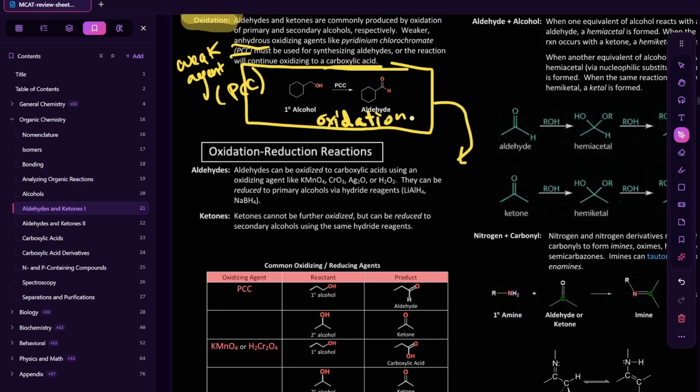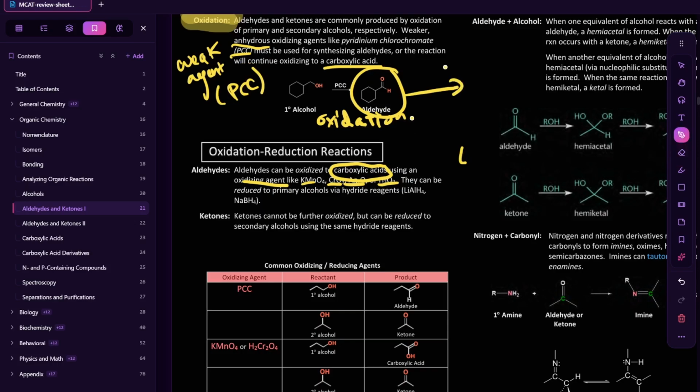They can oxidize further using something like KMnO4 or H2O2, whatever oxidizing agent, and be turned into a carboxylic acid, essentially. So it can go from just being an aldehyde all the way, if you drew another arrow and put another agent here, like CrO3, and then that would turn into your carboxylic acid. All right, so that's this part here.